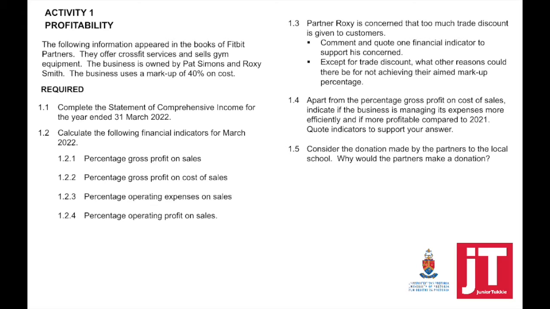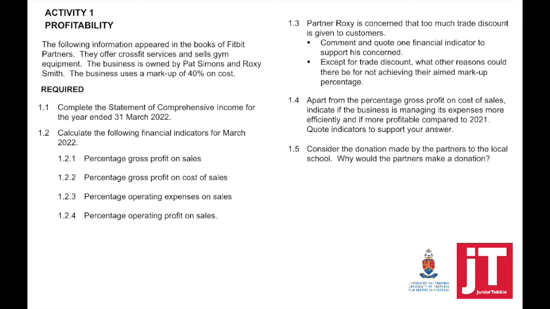If our accounting period ends 31 March 2022, it means it starts on the 1st of April 2021. Always know, when does your accounting period end? When does it start? Calculate the following financial indicators for March 2022. 1.3. Partner Roxy is concerned that too much trade discount is given to customers. 1.4.